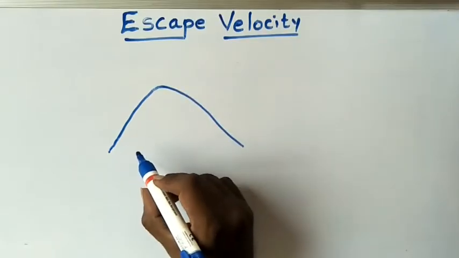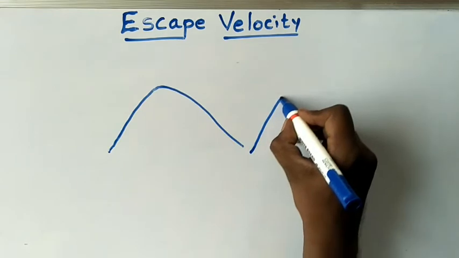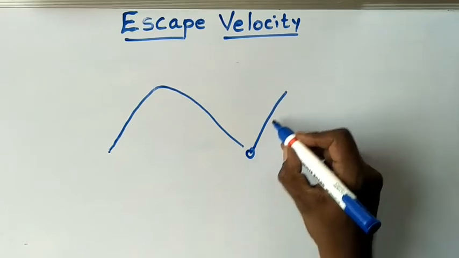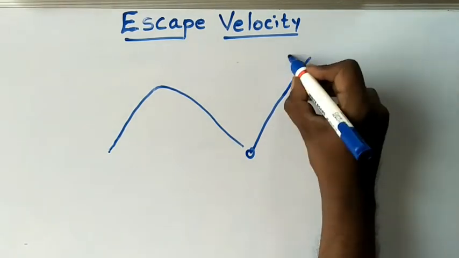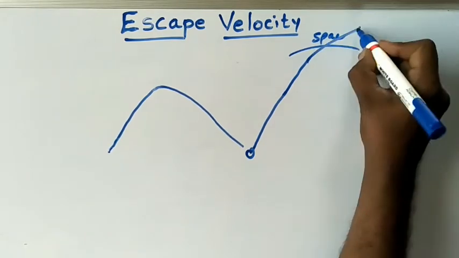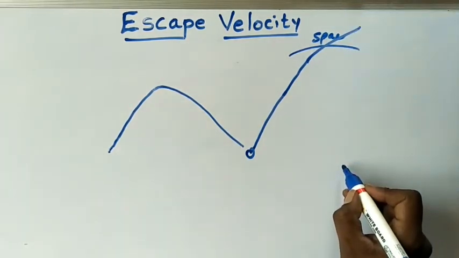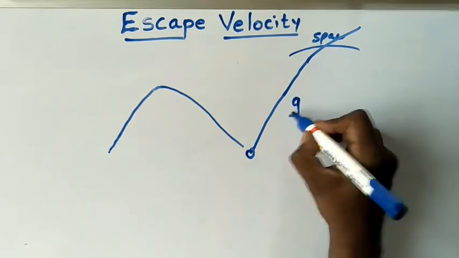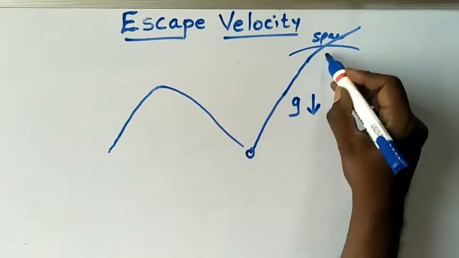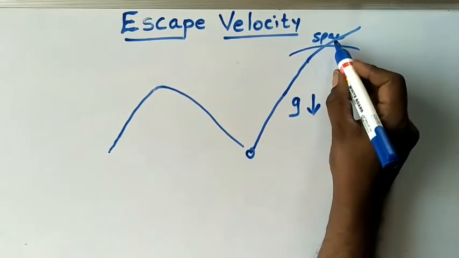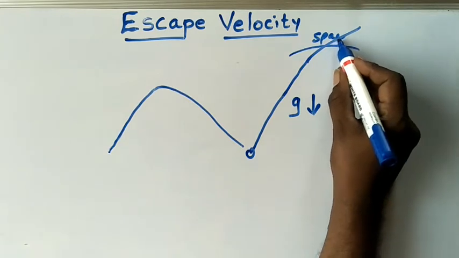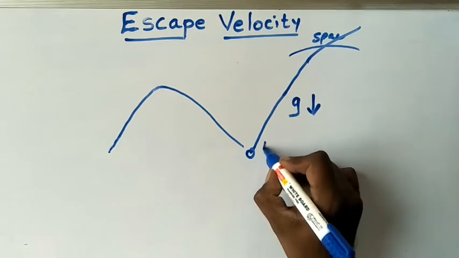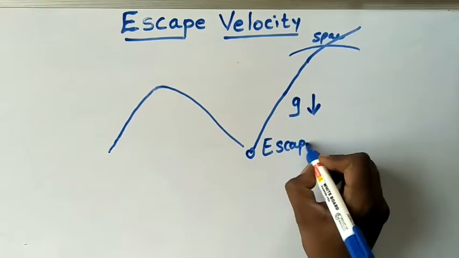But if the initial velocity is large, and I throw a ball up in the sky with a higher initial velocity, the ball will go out of the space and will not come down, because as we go higher and higher, the value of g decreases, and in space the value of g is very small, so the ball will not reach down. So this initial velocity, we call this as escape velocity.